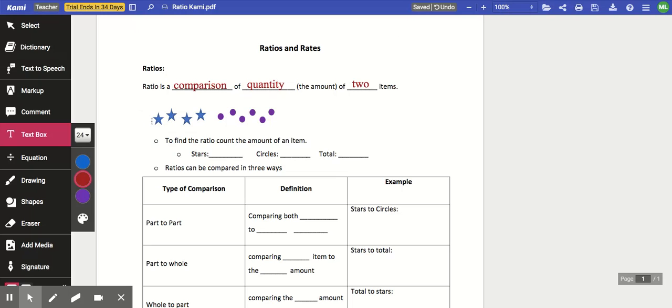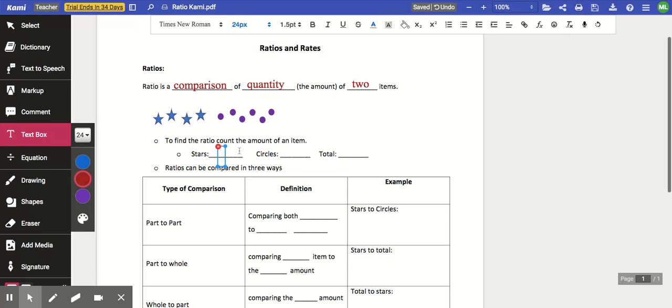So if I come down here to find the ratio, you have to count the amount of an item. My first item is stars. I have 1, 2, 3, 4 stars. Then I go to circles.